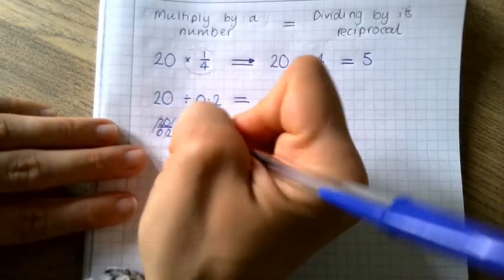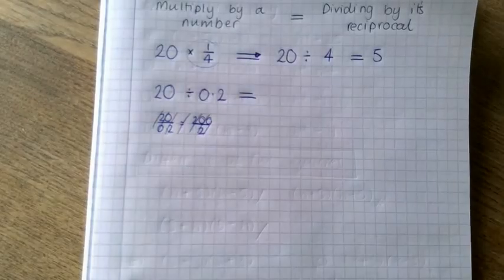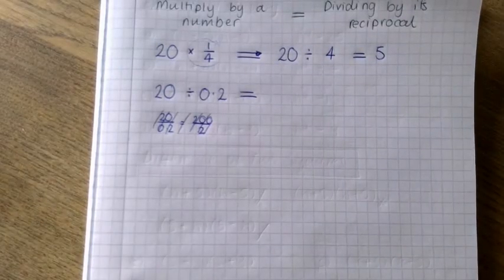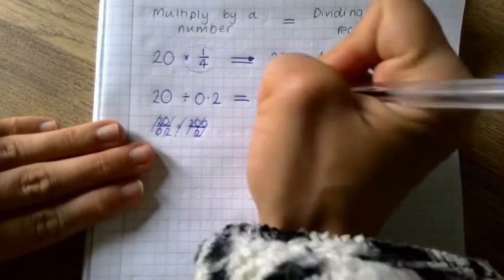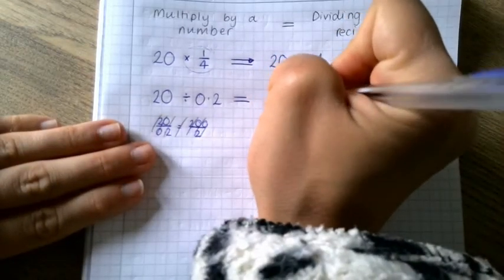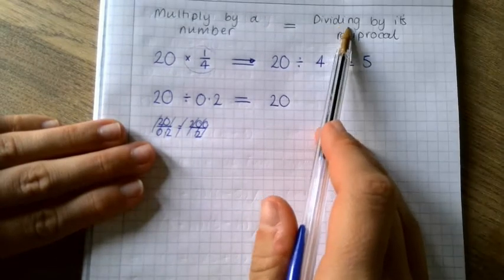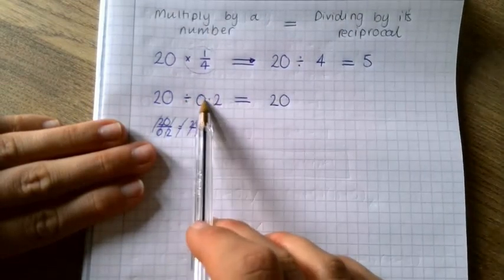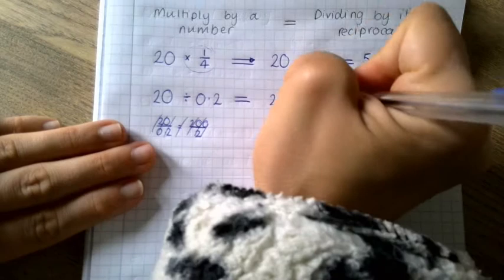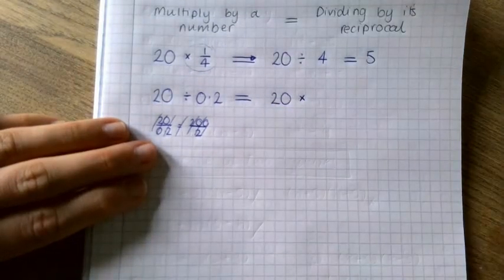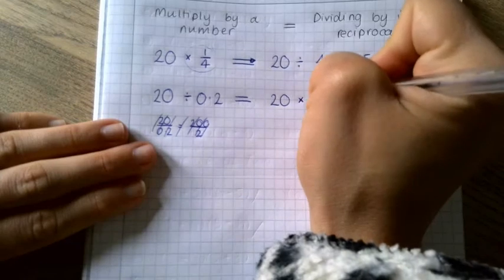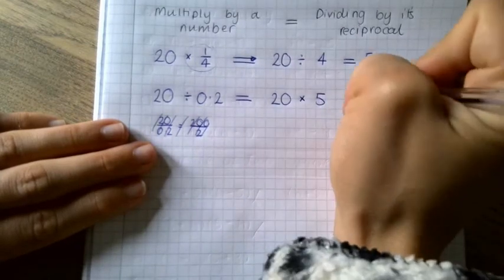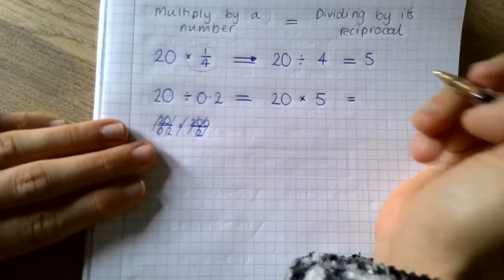You could use that method, there's nothing wrong with it, but with reciprocals, we could say, well, actually, this is equivalent to dividing by a number is the same as multiplying by its reciprocal. And the reciprocal of 0.2 is 5. And 20 multiplied by 5 gives us 100.